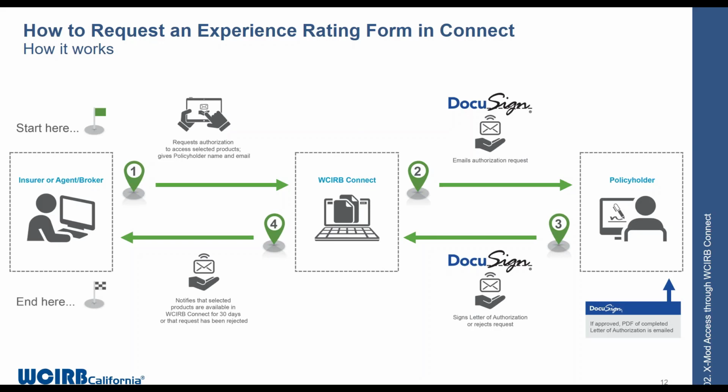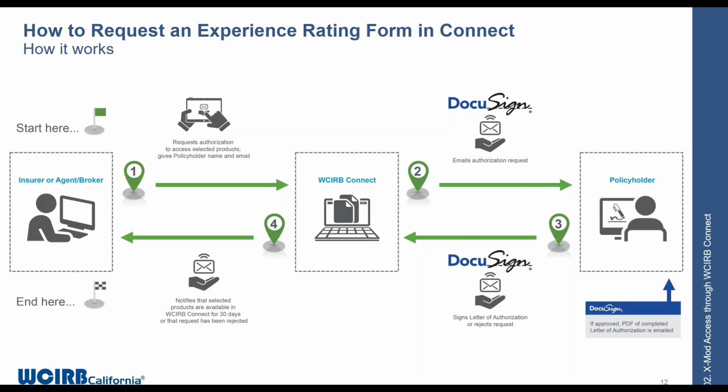And if they have authorized you to receive that rate sheet information, then we will send an email notification to the requester, either the insurer or the agent or broker, letting them know that they have access to that rate sheet for the next 30 days.